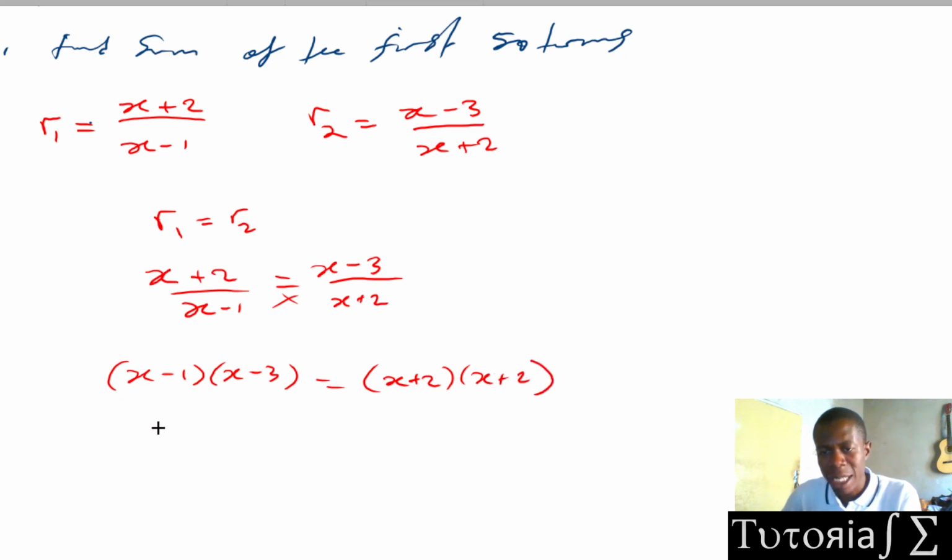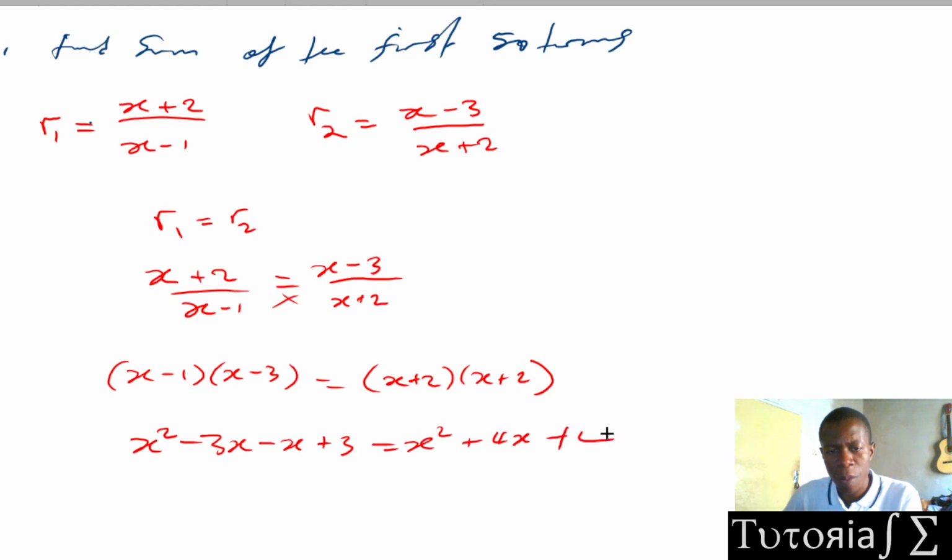We expand here, we're going to have x squared minus 3x minus x plus 3 should be equal to, expanding this, x squared plus 4x plus 4. And working this out, we see that the x squared and the x squared will cancel out. This will be negative 4x.